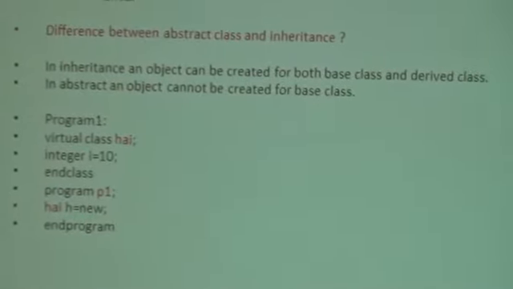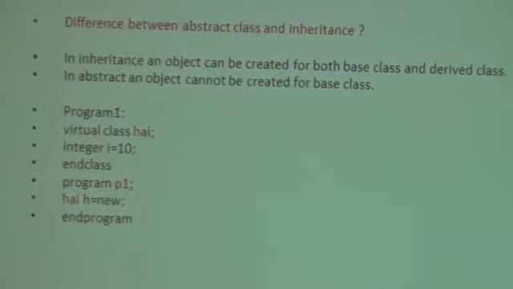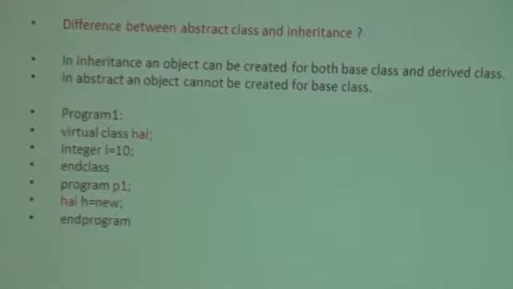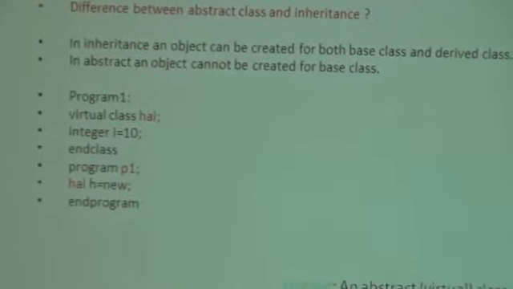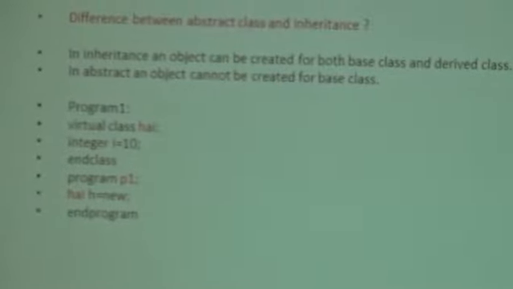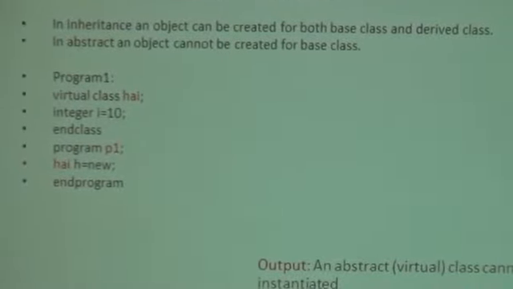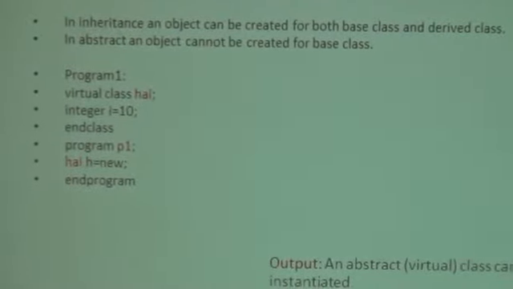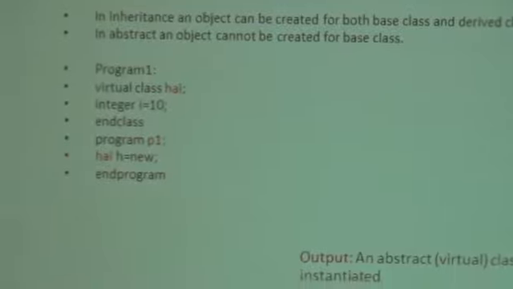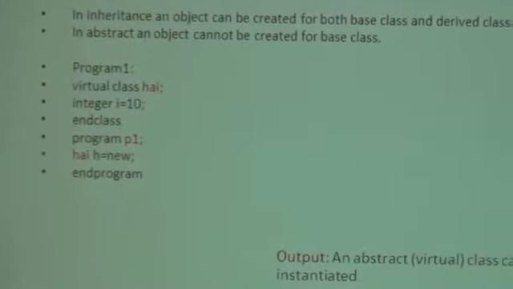In this way I tried to see it out. I tried to create an object for the abstract class, and I got an error. Here you are seeing a virtual class high, integer i equal to, end class, program p1, high h equal new.